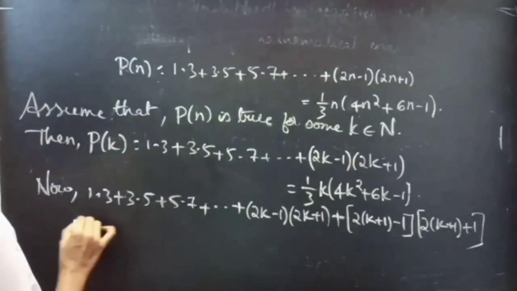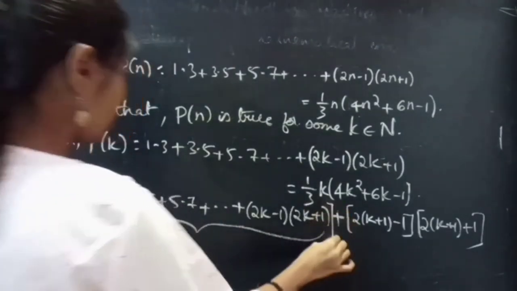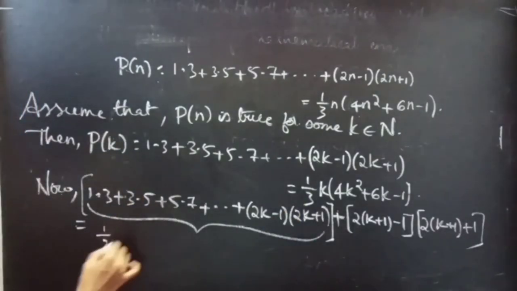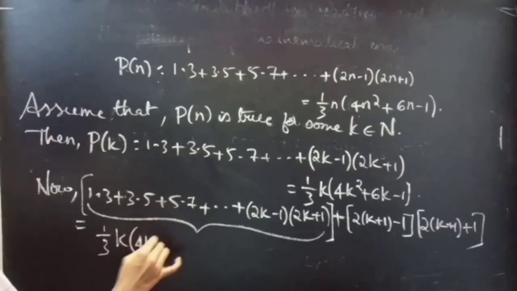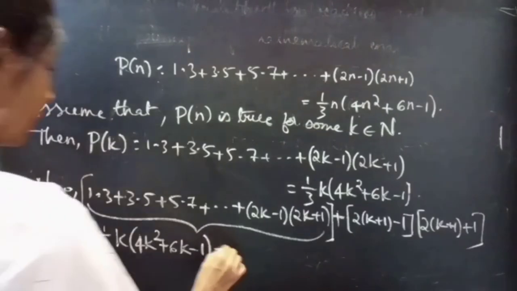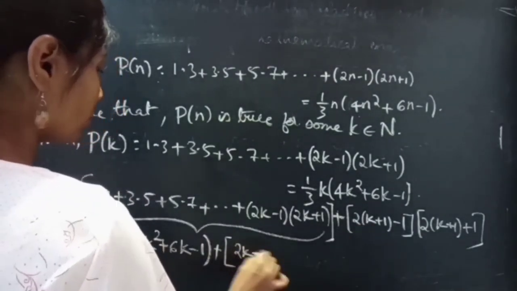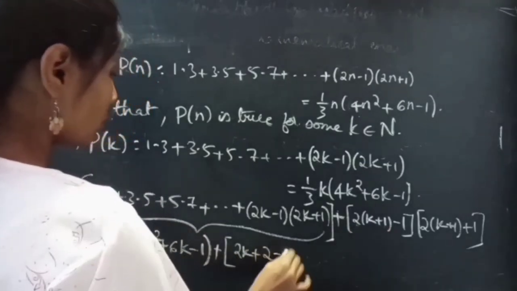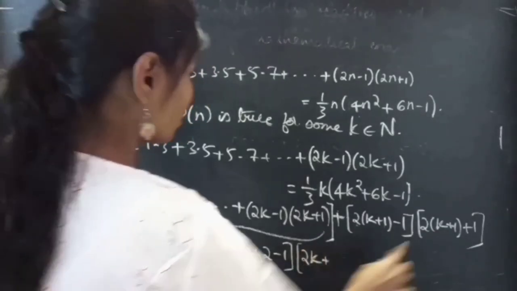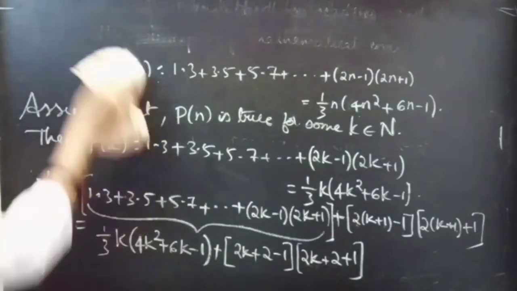Okay? So this equals, now we can replace it by P of k plus 1, which is equal to 1 by 3 into k into 4k squared plus 6k minus 1, plus 2 into k is 2k plus 2 into 1 is 2, minus 1, into 2k plus 2 into 1, 2, plus 1. Okay? So let it be.